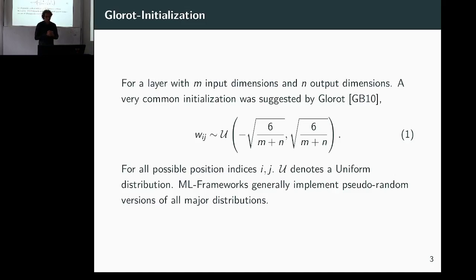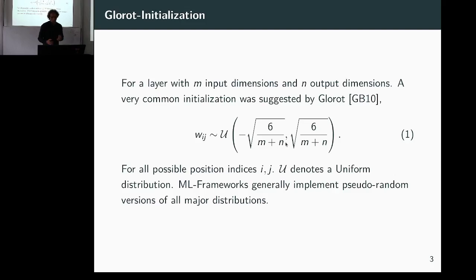So a classic initialization scheme is the so-called Glorot initialization, which comes from this paper here. And the idea here is to use a uniform distribution that is scaled with the input and output dimensions. So if we're looking at a linear layer, if we have an n cross m matrix, then we can use the m here and the n here to find where our uniform initialization should start.